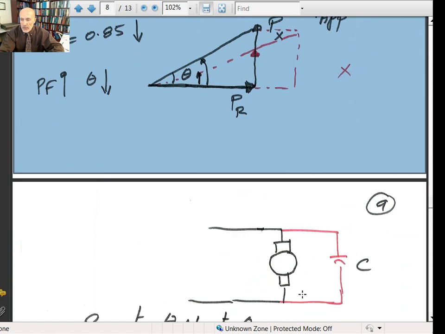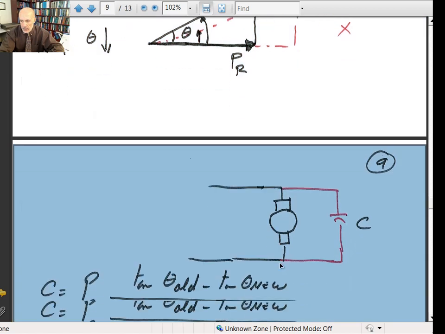When you make a power factor correction, let's say this is your motor, where there's a single phase or a 3-phase. Then you put a capacitor in here. Single phase motors must have a capacitance. It's called starting capacitance. That's different than power factor correction.